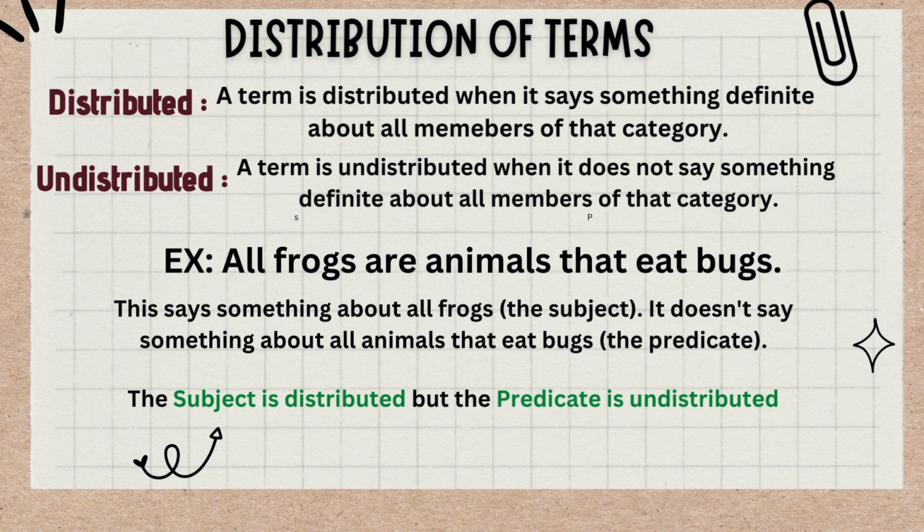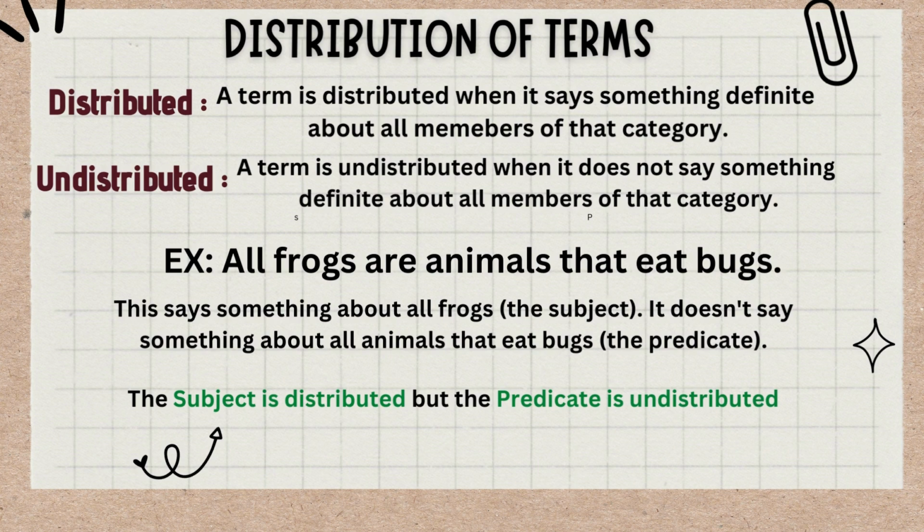So if it is pointing out definitely something about all members of the category, then it is distributed. If it does not say something definite about all members of that category, it is undistributed. So in this example, the subject frogs is distributed, whereas the predicate animals that eat bugs is undistributed.